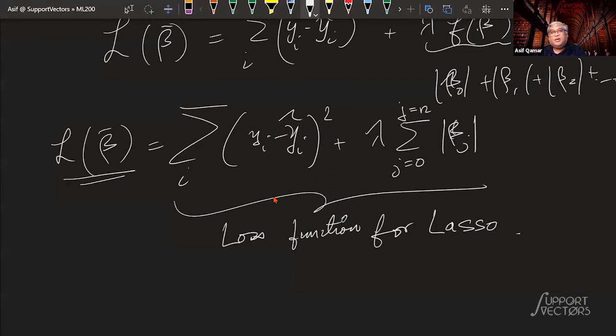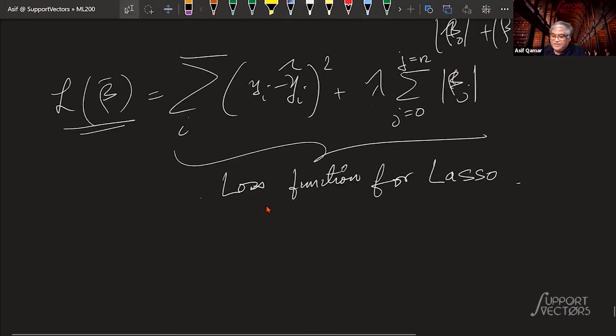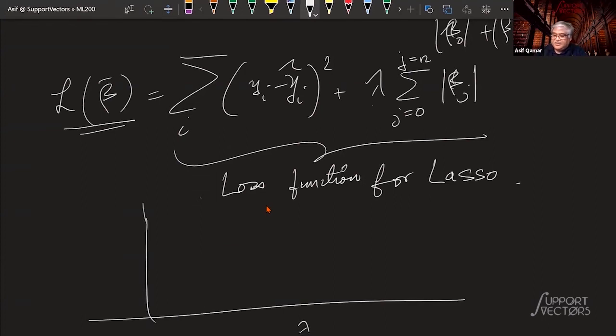And by the way, all of these things we will review again when we do the math of machine learning. Here I'm more focused on the regularization aspect of it. So this is the loss function, and it has a beautiful effect. There is this regularization parameter, lambda. As you increase lambda, the values of the different betas begin to go down.